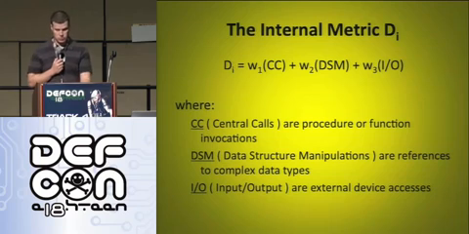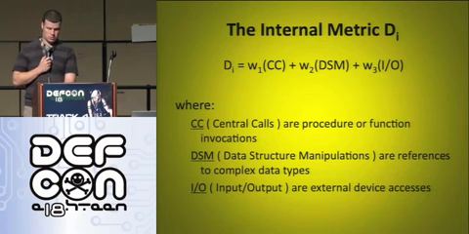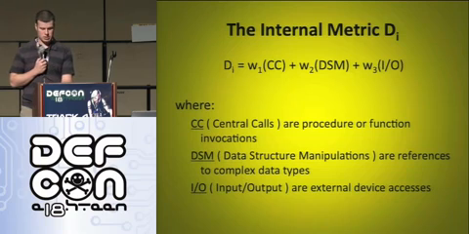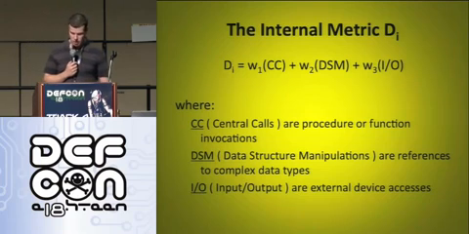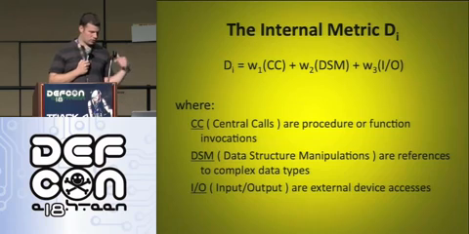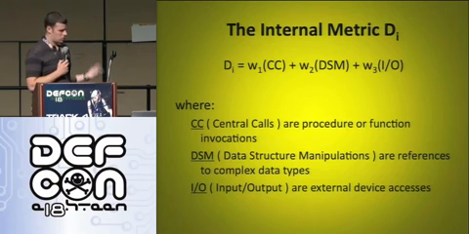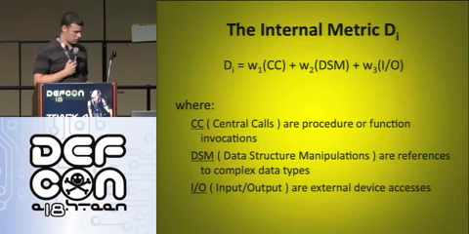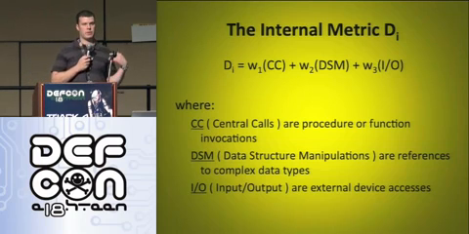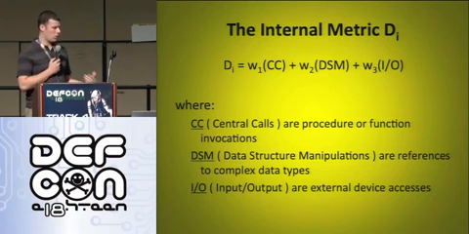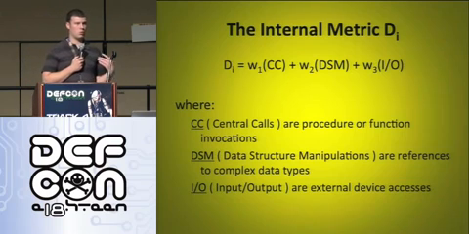Then we have an internal metric, which is a measure of the internal complexity of a module. The equation for that has your central calls, your data structure manipulations, and your input-output. Now, W1, W2, W3 is something I was confused about, so I went back to the research papers. All those are weights.